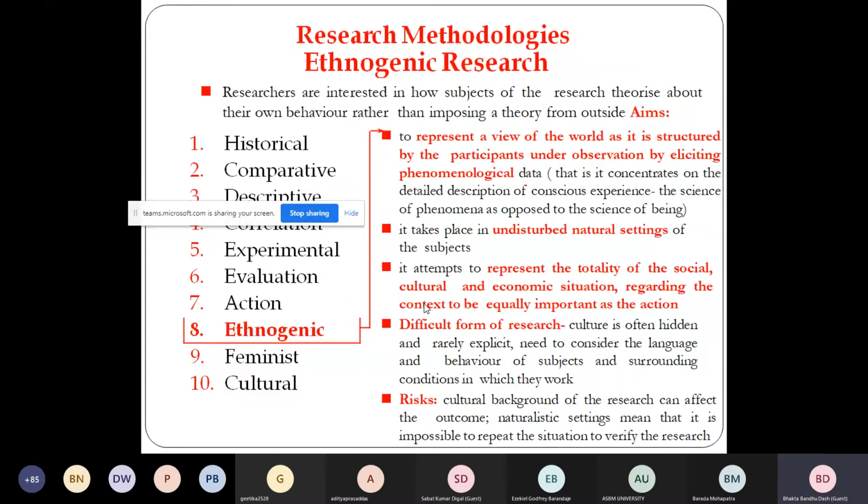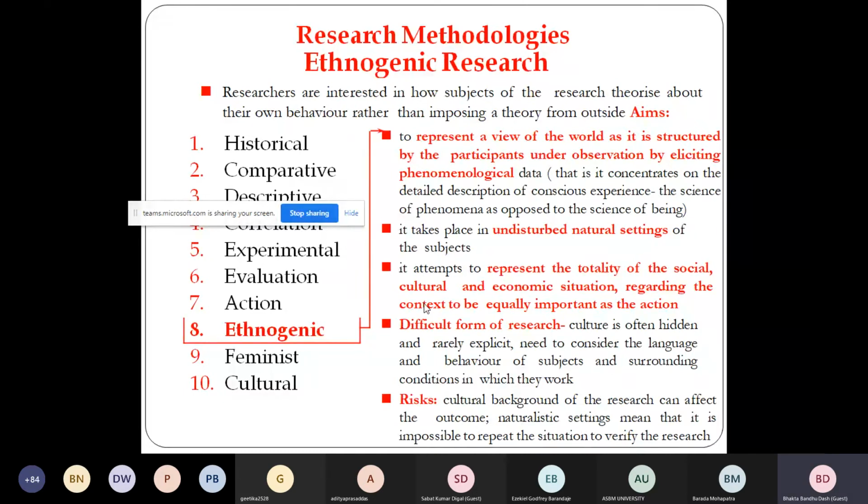To represent a view of the world, it is structured by participants under observation by eliciting phenomenological data. So considering the phenomenological data, we analyze it. It always takes place in the natural setting of subjects.